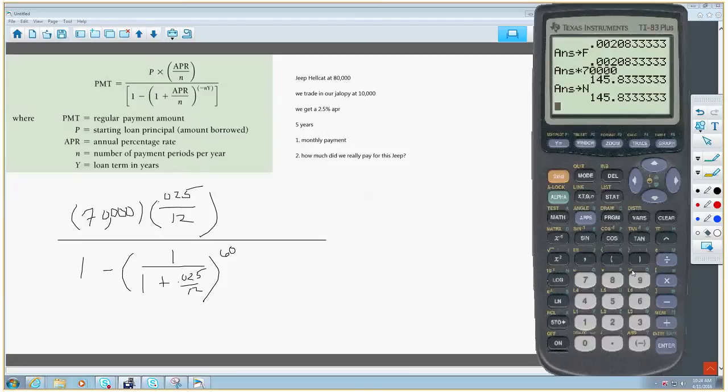And then we're going to do the bottom. 1 divided by parentheses 1 plus alpha F. Did y'all get 0.9979?